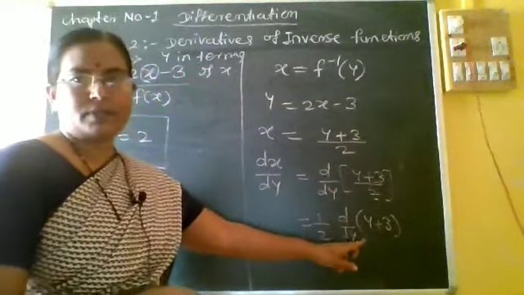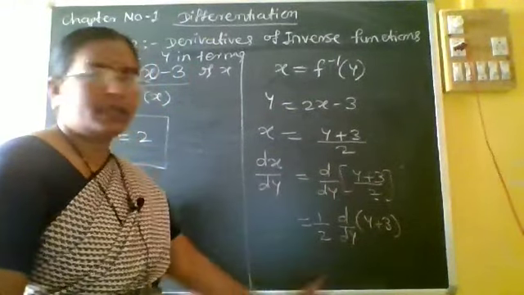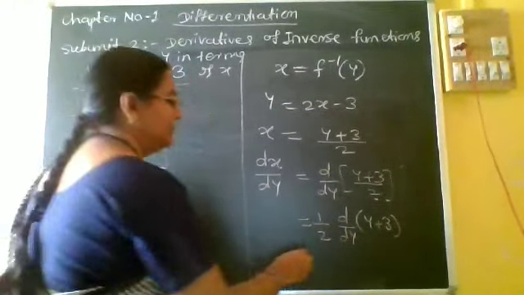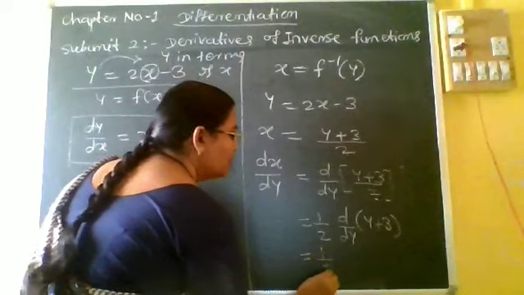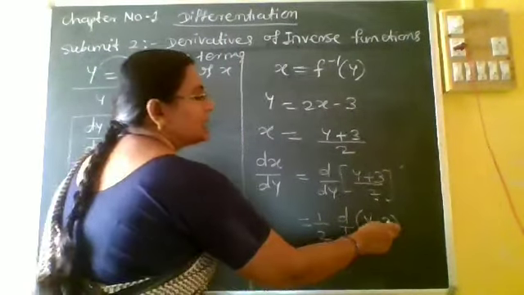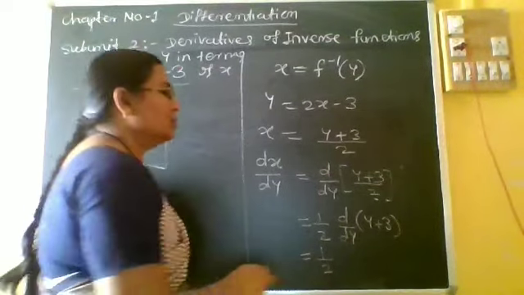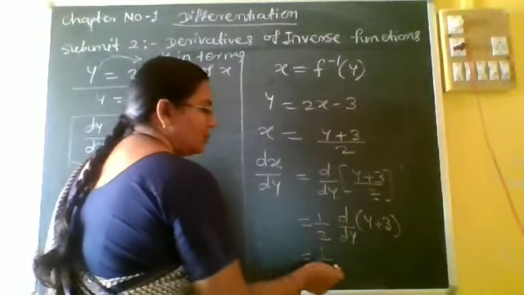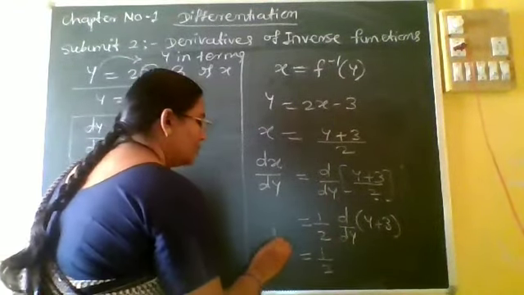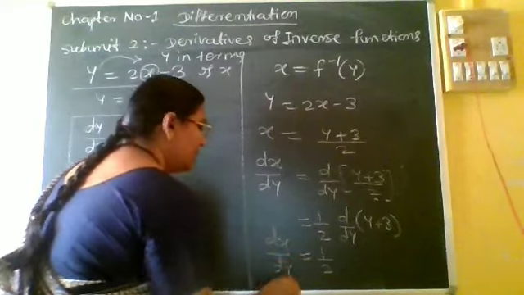The derivative of y with respect to y becomes 1. Therefore, it is equal to 1 by 2 into 1 plus the derivative of 3, which is 0. Therefore, 1 upon 2 into 1 becomes 1 upon 2, dx upon dy.